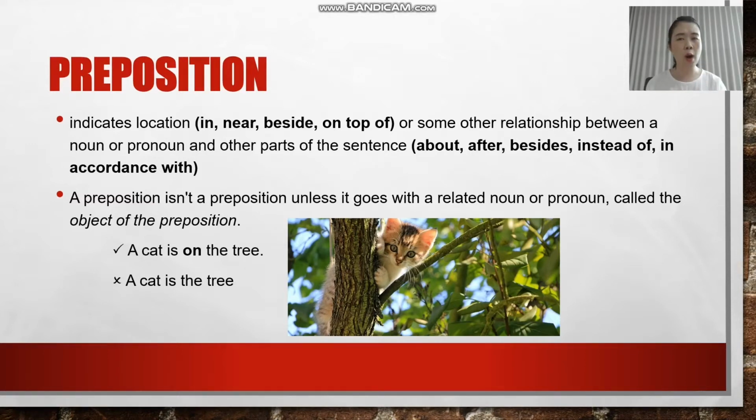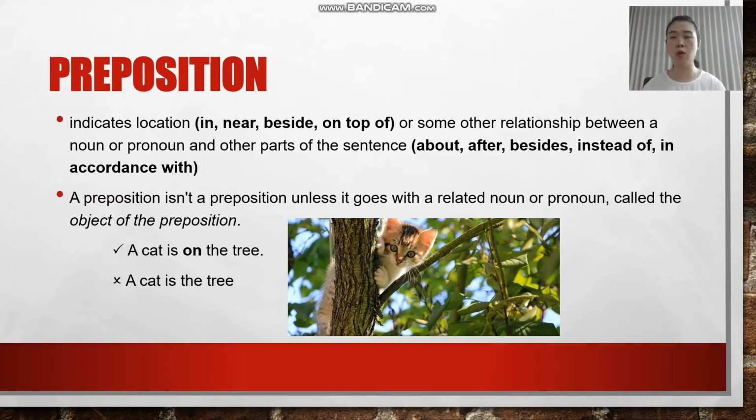Do you know why we need the preposition in the sentence? Do we really need that or can we just remove it from the sentence? Alright. We normally use the preposition in order to indicate the location, like the words in, near, beside, on top of, or probably above, under, right?